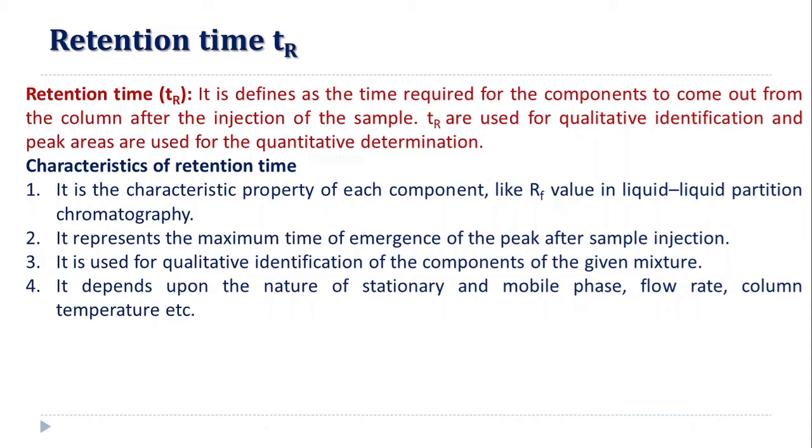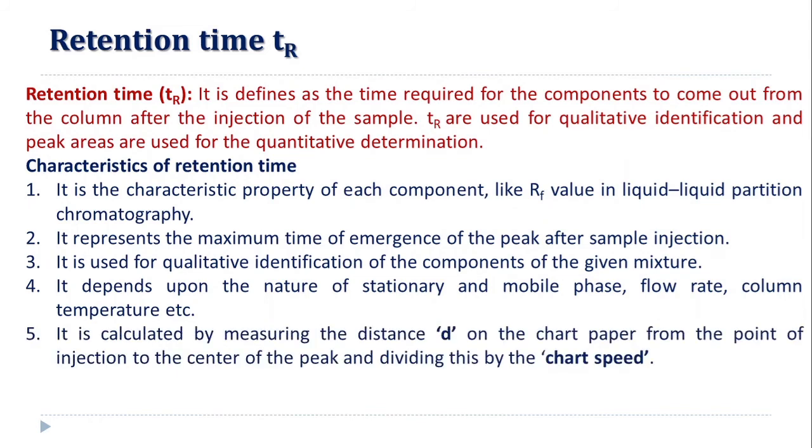That's why it is a characteristic property for each component. It is calculated by measuring the distance d on the chart paper from the point of injection to the center of the peak and dividing by the chart speed. For example, retention time TR is equal to d divided by chart speed.